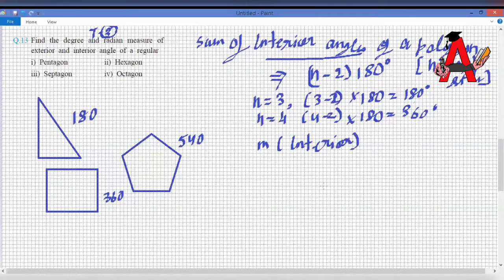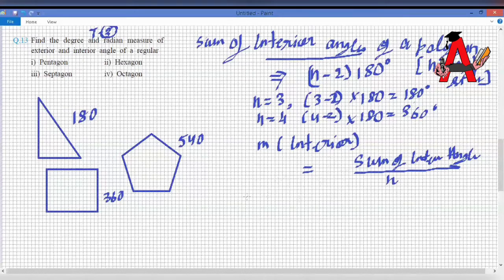Measure of interior angle will be equal to the sum of interior angles divided by n. So we will divide by number of sides. We will get the interior angle.